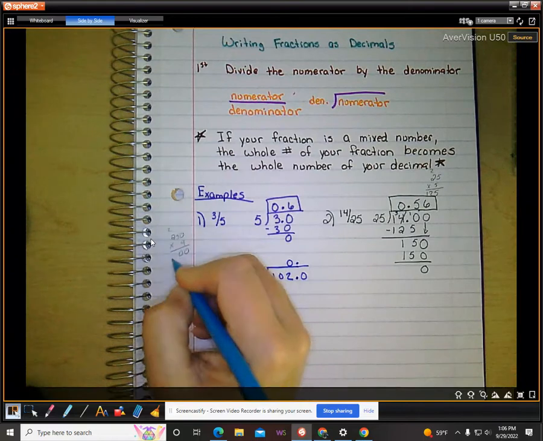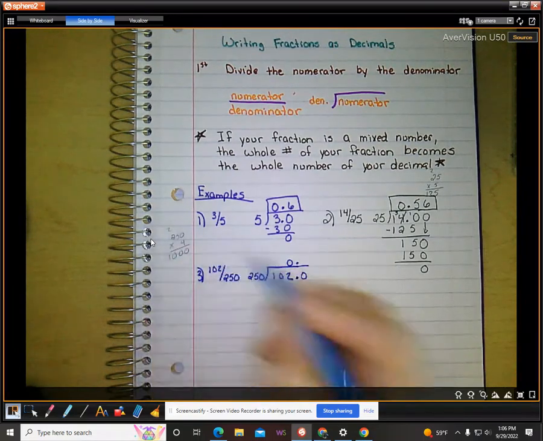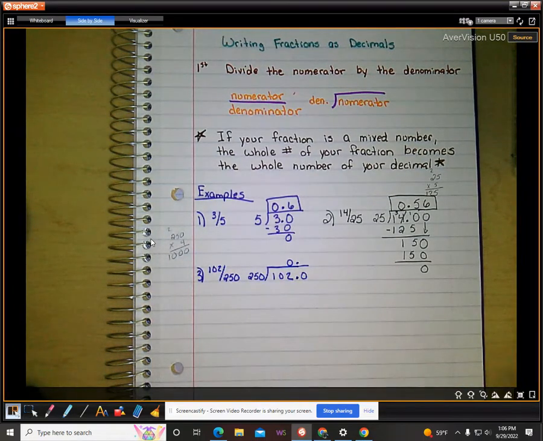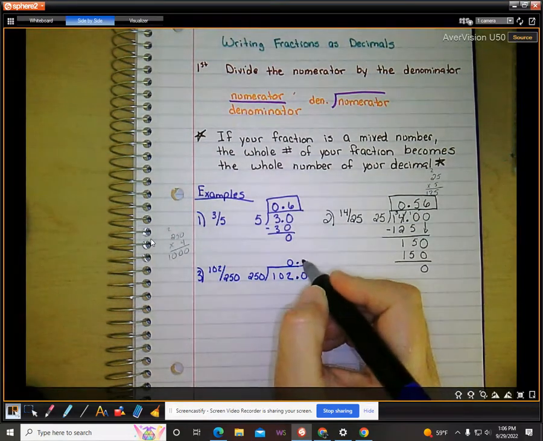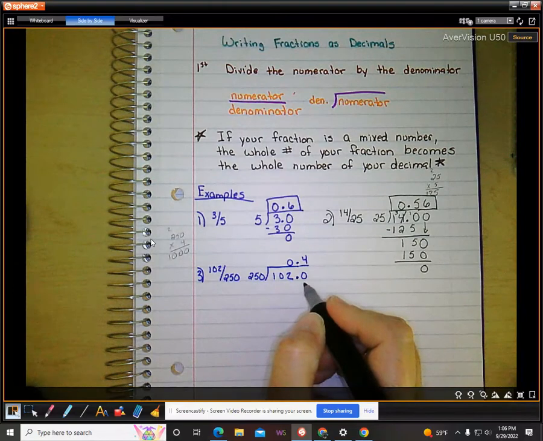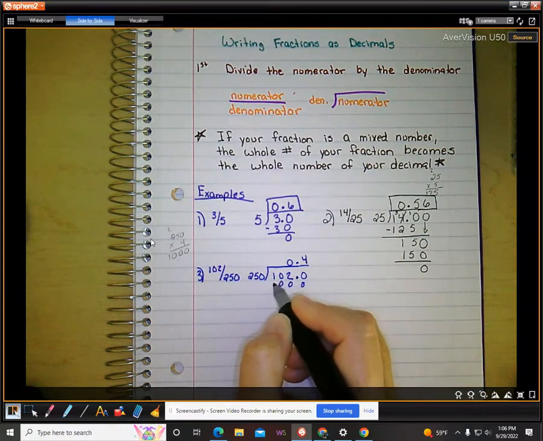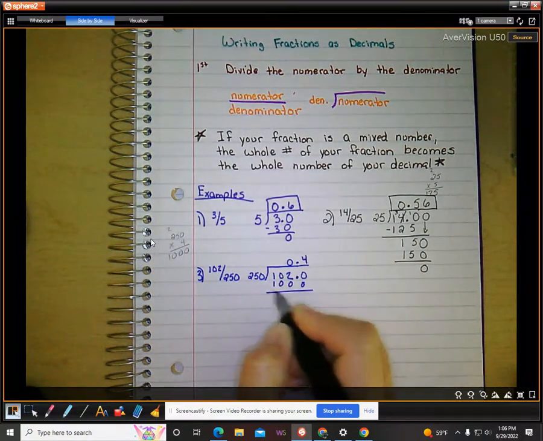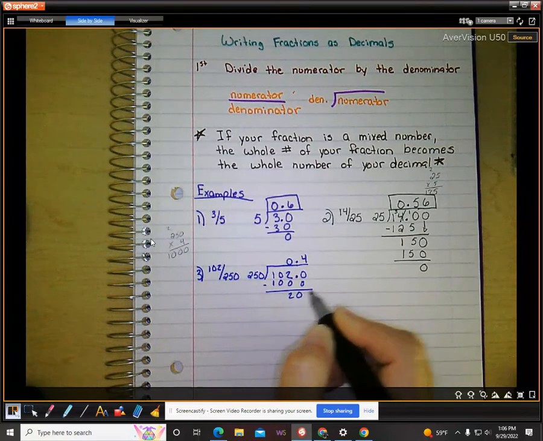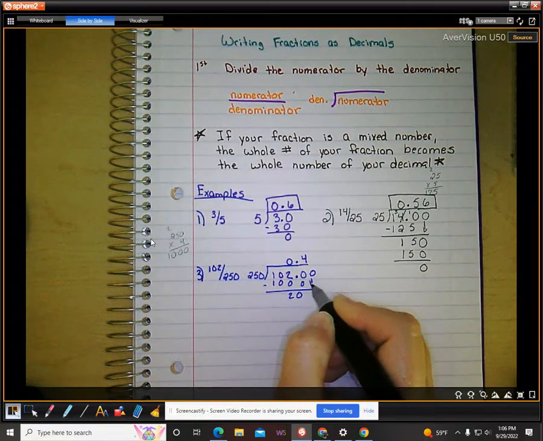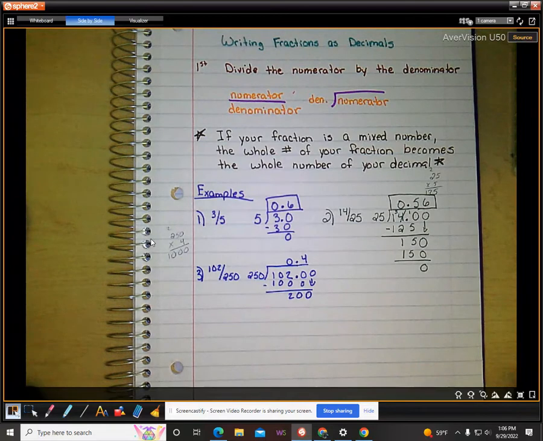We would get 1,000. Okay, we need 1,020, so we can't add another 250. So we go in 4 times. When we subtract, we get 20. Can't have a remainder, so we're going to add a 0 and bring it down.